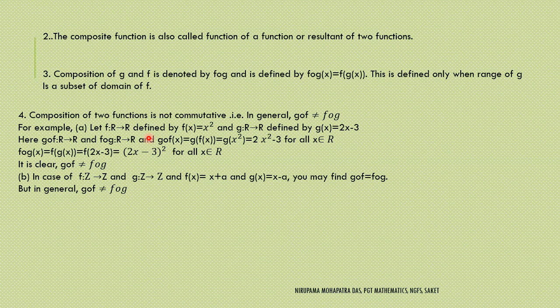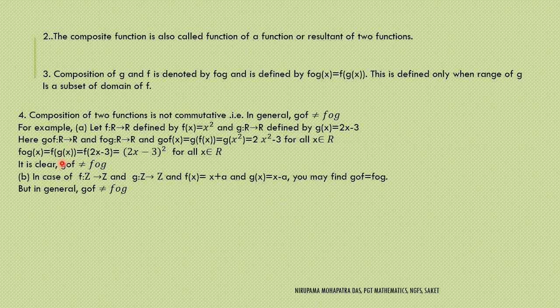For example, F and G are functions from real numbers to real numbers, f(x) equal to x square, g(x) equal to 2x minus 3. Obviously G of F and F of G are both defined because both functions are from R to R.